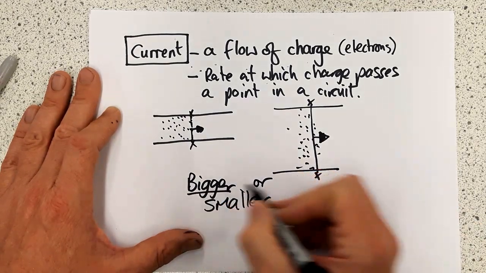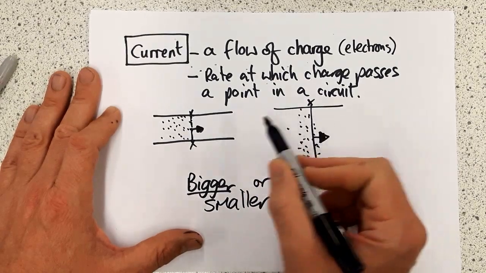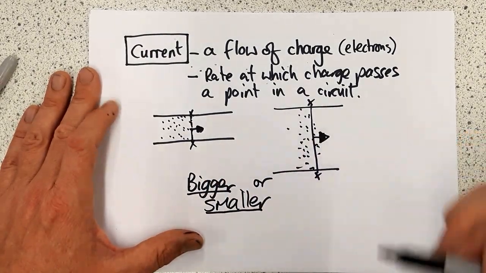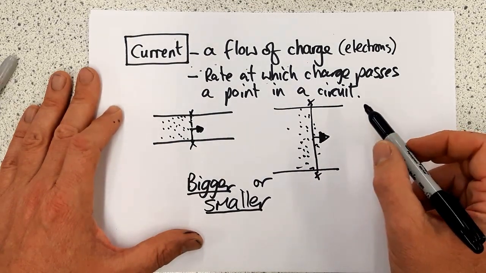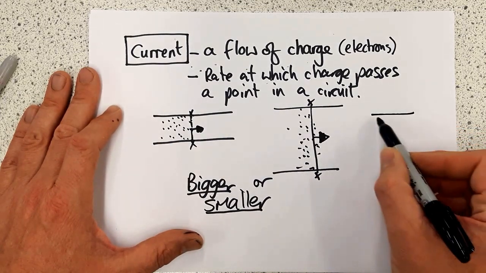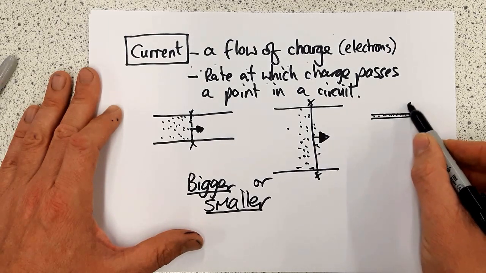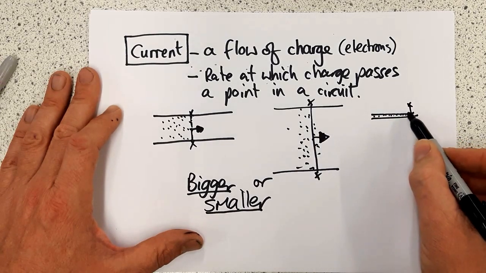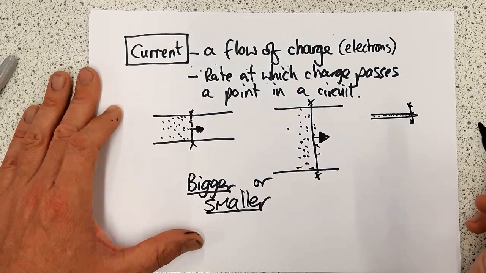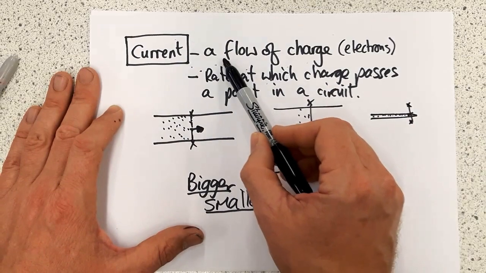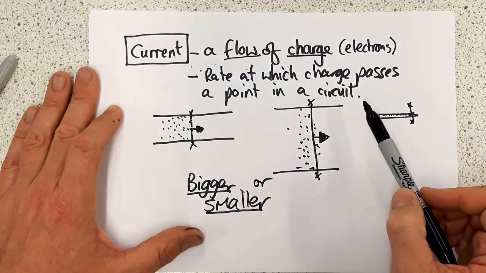So bigger current means there's more electrons passing by per second, and a smaller current means there are less. It doesn't necessarily mean they're moving faster, because if you have a tiny conductor like that, then clearly the current in that one is likely to be quite small, simply because there are less electrons that can pass by every second. So think of current as a measurement of the flow of charge.